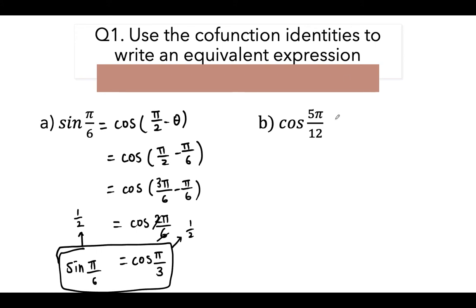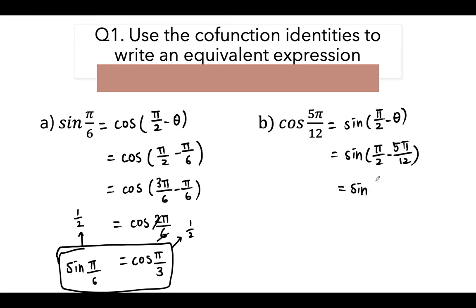Next, we have cosine 5 pi over 12. The cofunction identity for cosine is sine of pi over 2 minus theta. So we have our theta: sine of pi over 2 minus 5 pi over 12.